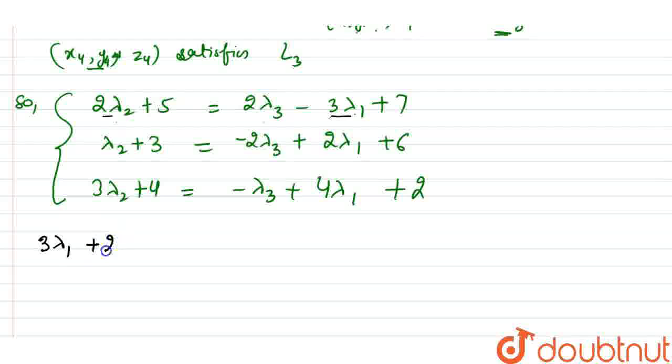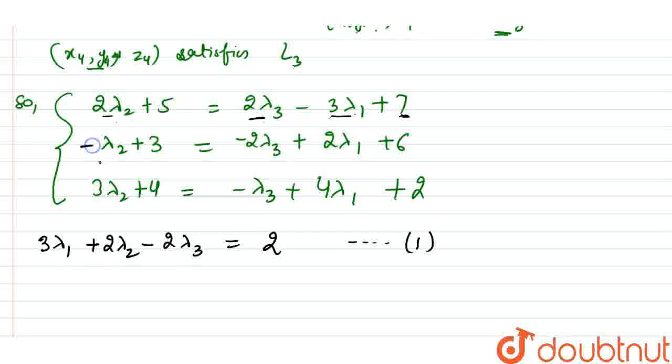This is plus 2 lambda 2, and take this minus 2 lambda 3 also to the left, so this is minus 2 lambda 3. On the right, let us write all the constants: this is 7 minus 5, that will give 2. Let's say this is equation number 1.